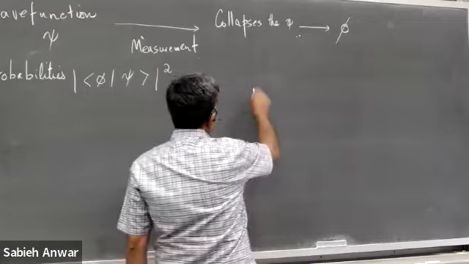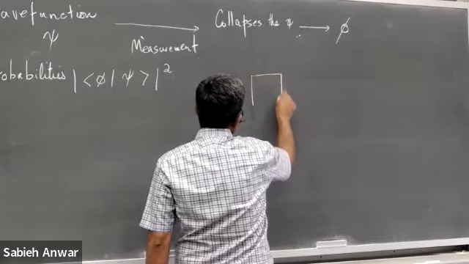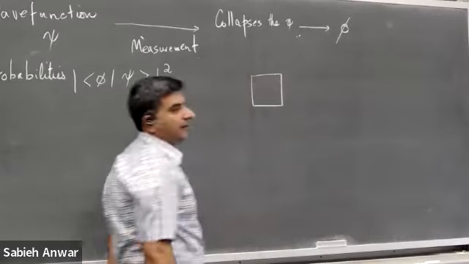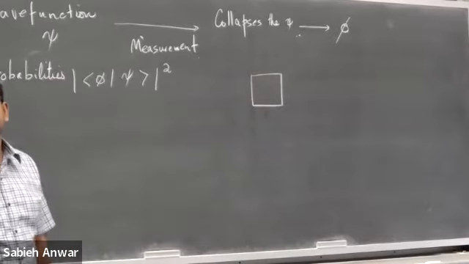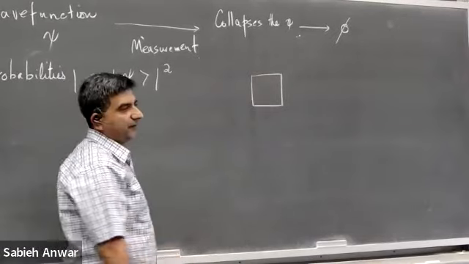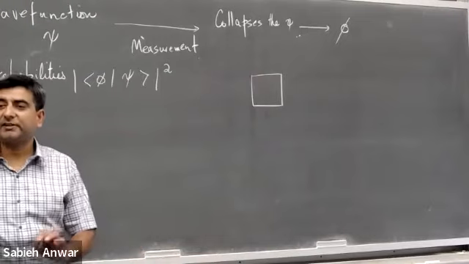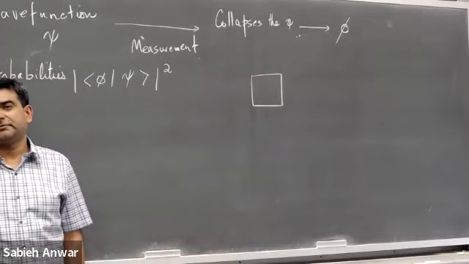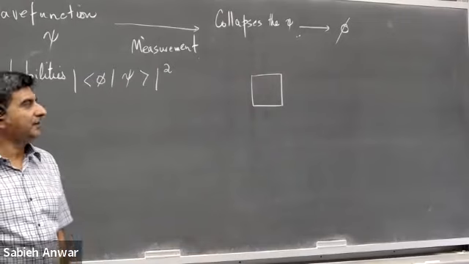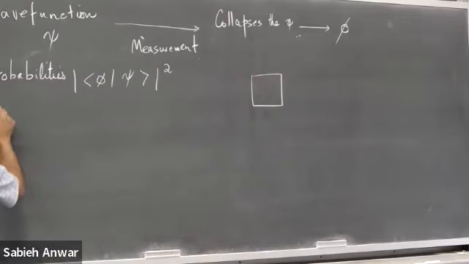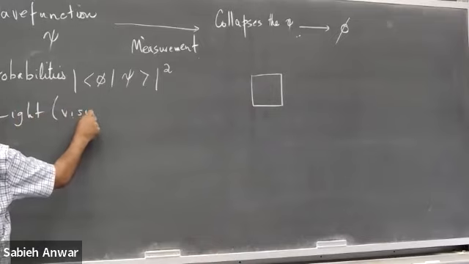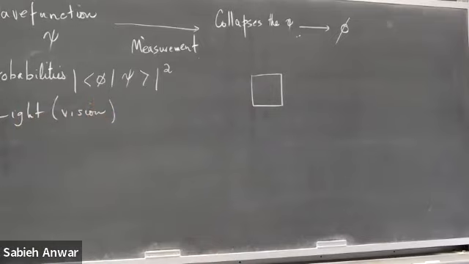Suppose, let me do an experiment. Suppose I have a device, and now I'm talking about photons, light. So I'm talking about light, which is extremely important for vision, by the way. How do we see?